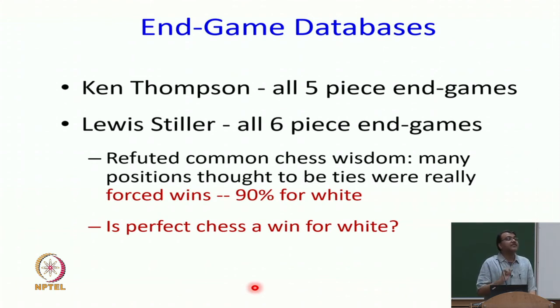And that raised the question, is perfect chess a win for white? We do not know the answer to this question. We have not been able to prove either way.